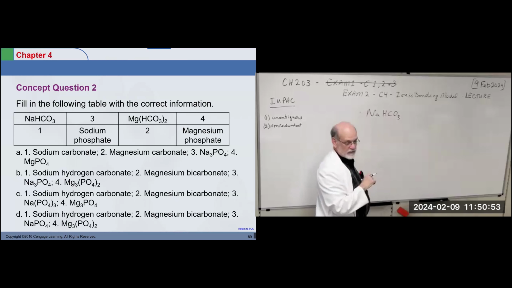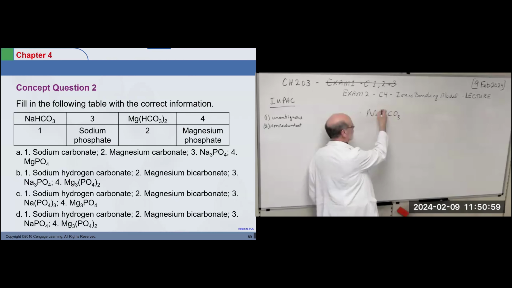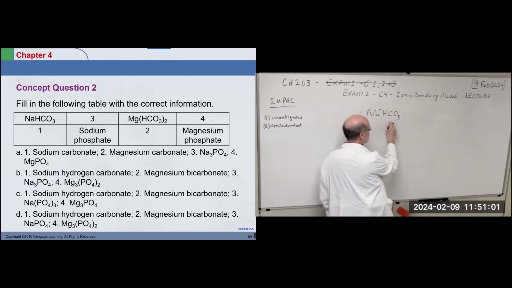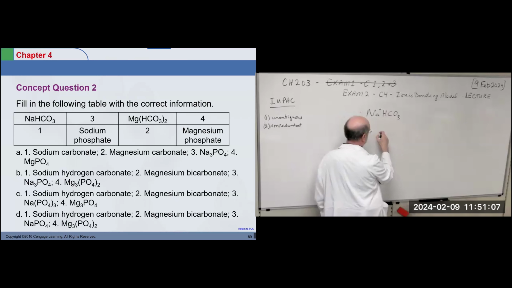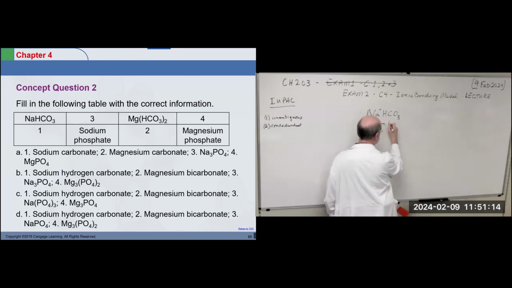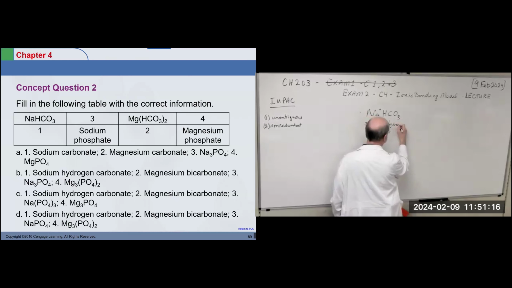So type 1, type 2, type 3. Type 1. Sodium is a fixed charge. This is a polyatomic. Notice it's got an oxygen here and several elements. This is hydrogen carbonate. So we just say sodium hydrogen carbonate.